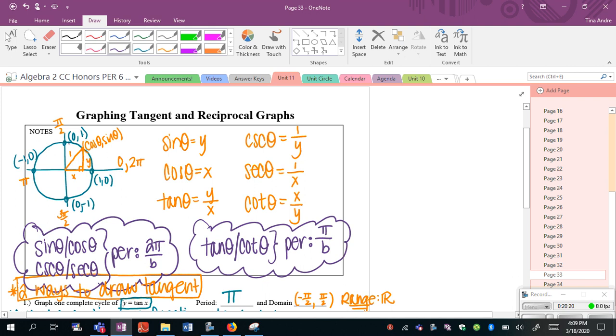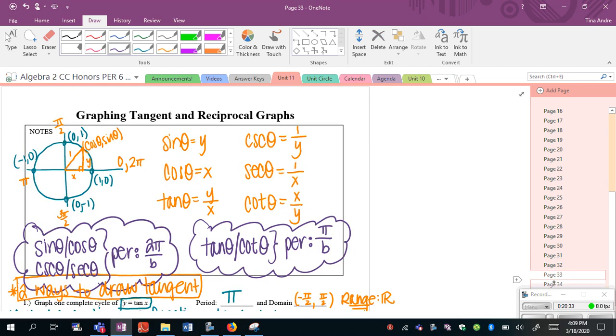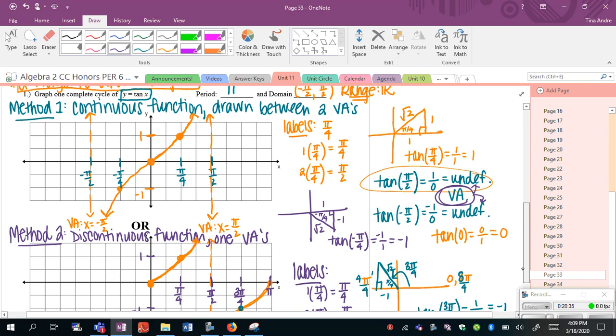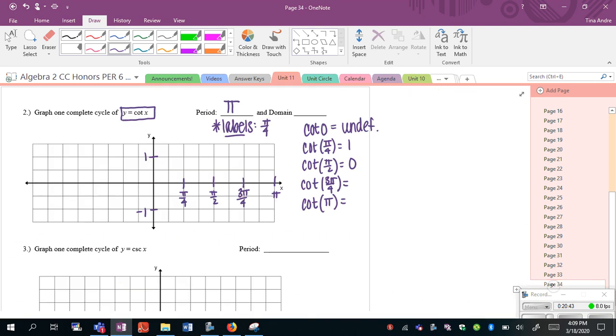So pi over 2, this means I'm doing x over y, so 0 divided by 1 is 0. Cotan of 3 pi over 4 is going to be the reciprocal of tangent at that point. So I can look right here if I'd like. My 3 pi over 4 is just going to be negative 1 over 1. So that's going to be negative 1.